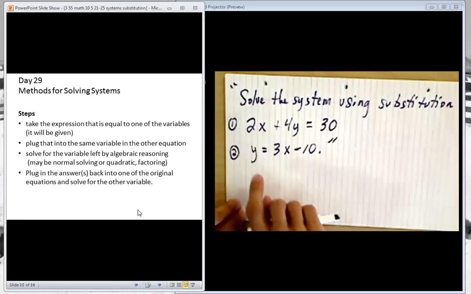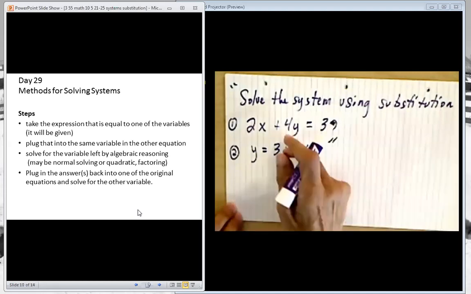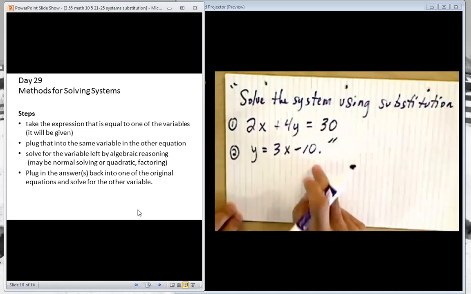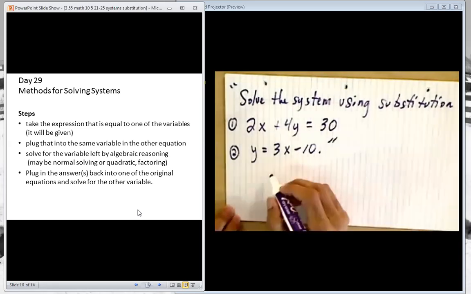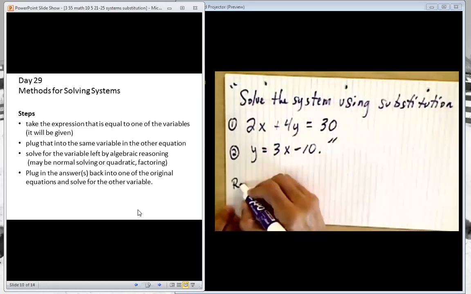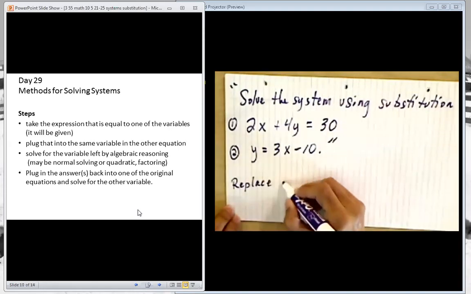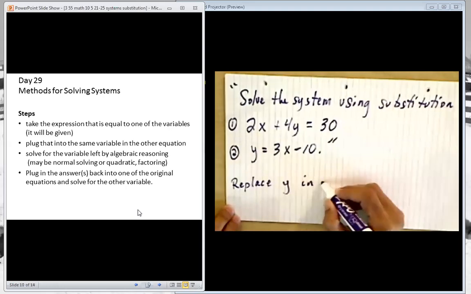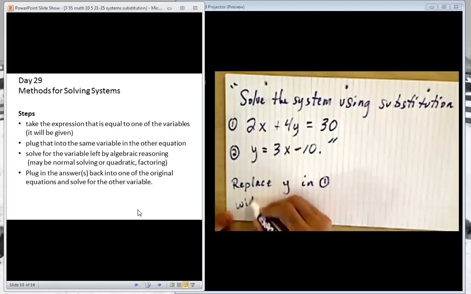It's 4Y, we're going to have 4 and then all this stuff. Okay? So we're going to replace the Y in number 1 with 3x minus 10.